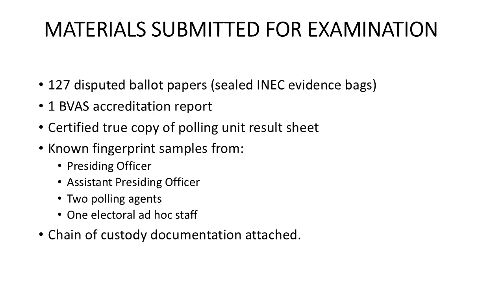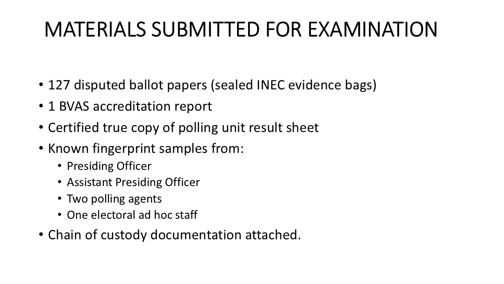Now, the first thing, just as I said, is to confirm that the chain of custody is intact. That is, all the materials from the INEC office down to the polling unit, and then after the election, there is no reason to suspect that somebody had already tampered with the real evidence.